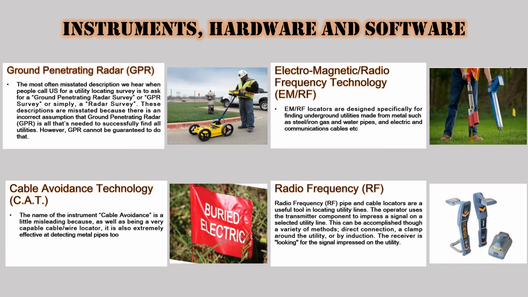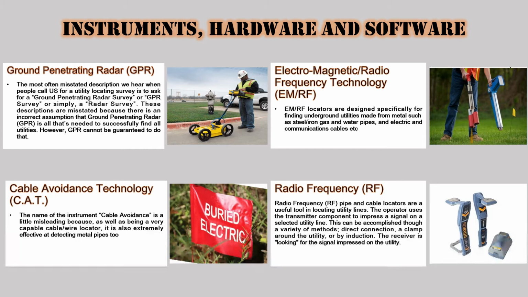Next instrument is cable avoidance technology or CAT. The name of the instrument, cable avoidance, is a little misleading because as well as being a very capable cable locator, it is also extremely effective at detecting metal pipe too.